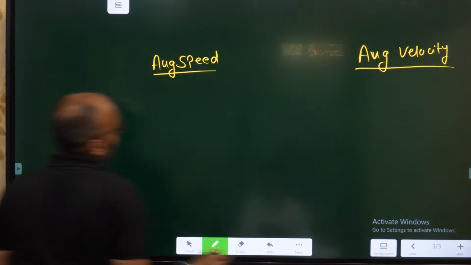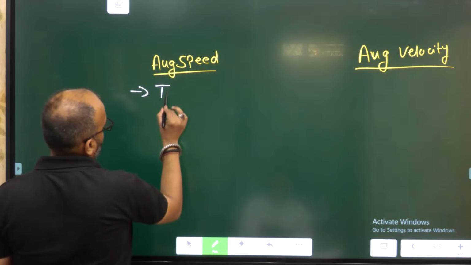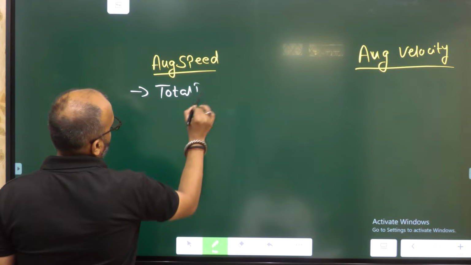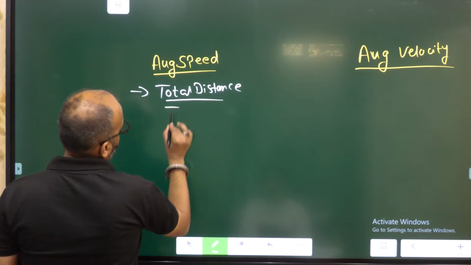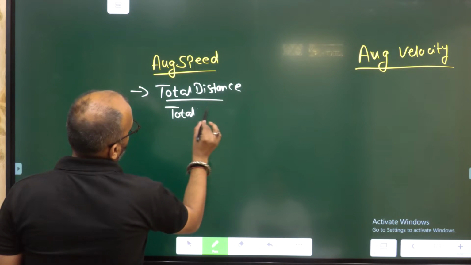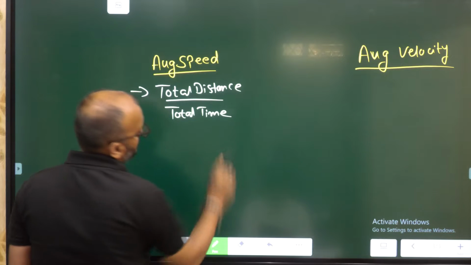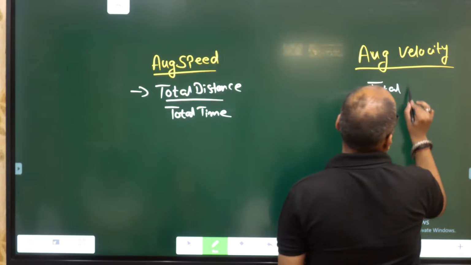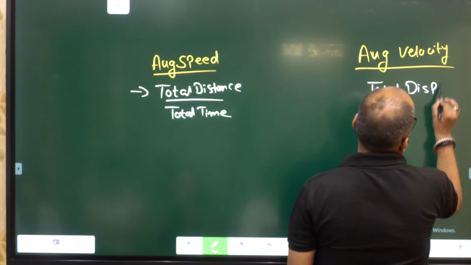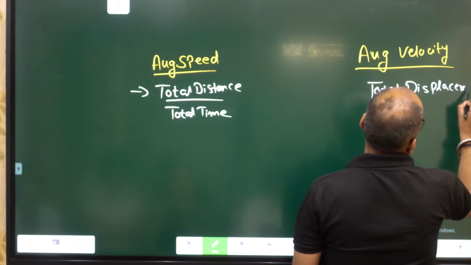Average speed is total distance upon total time. What is average velocity? It is total displacement upon total time.